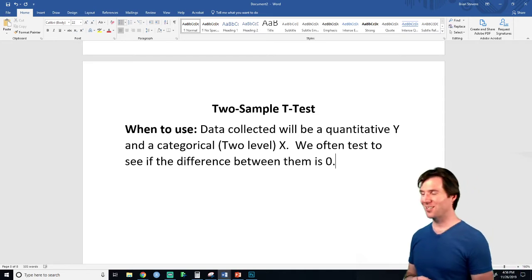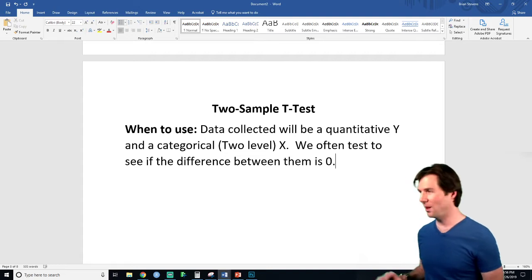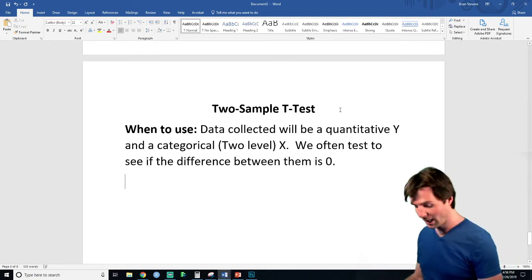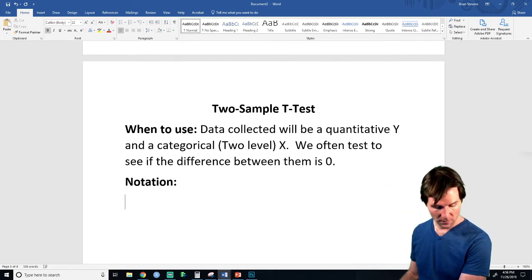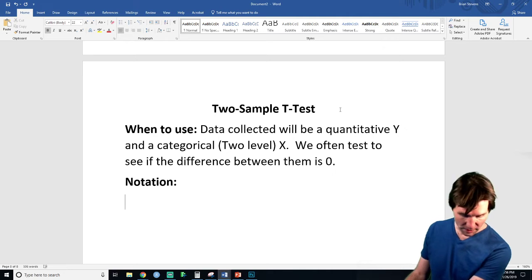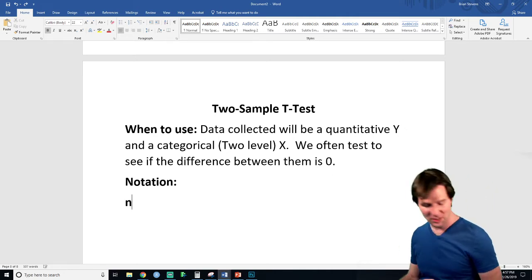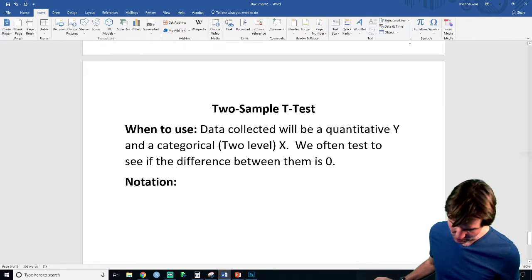And so the notation here is going to get a little bit interesting because there's going to be a lot of repeat notation. Let's take a look at this right here. Notation is going to be, let's start off with classic, and we got n. But now it's not just n. We want to do n1 and n2.